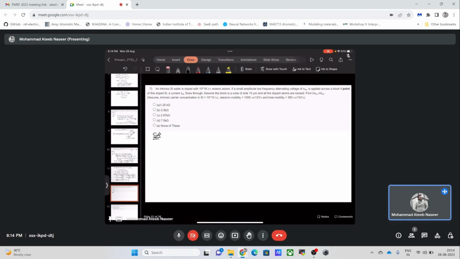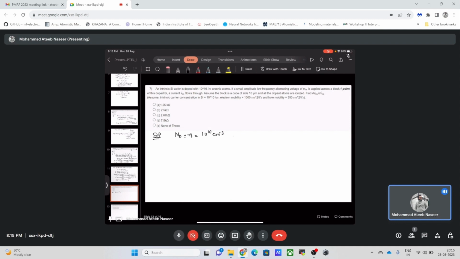The problem simply states that ND is approximately equal to N naught, I will use N. N is equal to 10 to the power of 16 per centimeter cube.